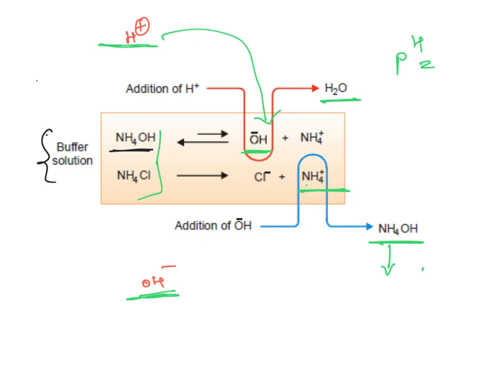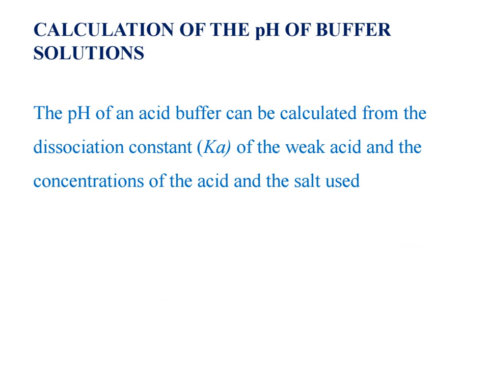Now let's look at the pH expression for buffer solutions, acidic and basic. First I will explain acidic. Similarly we can write the basic buffer solution pH. To derive the expression for the pH of a buffer solution, we first focus on acidic buffer pH.